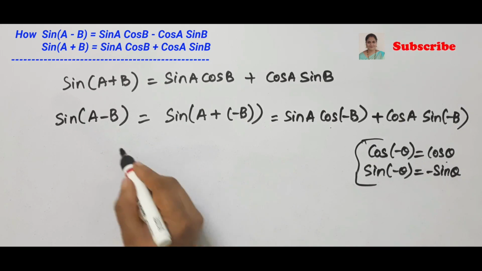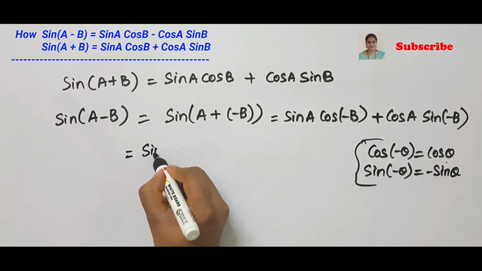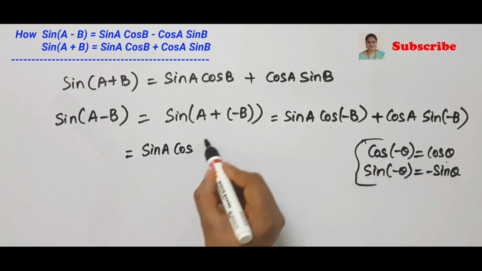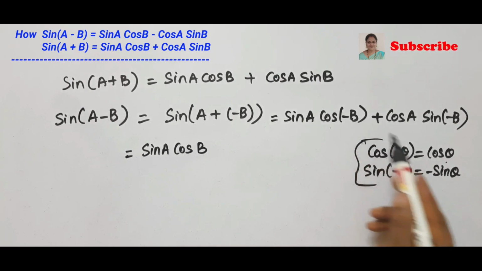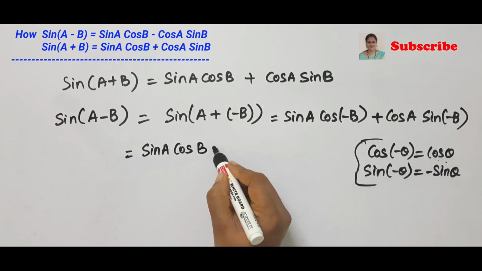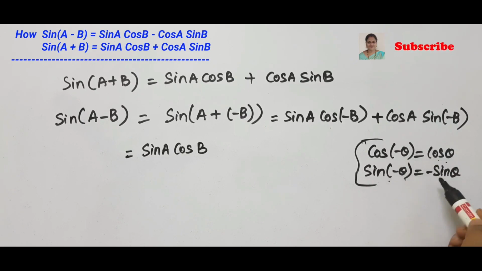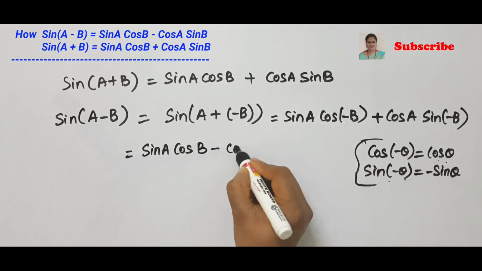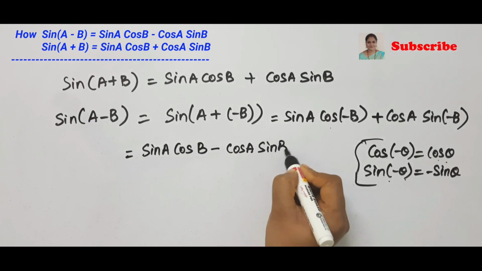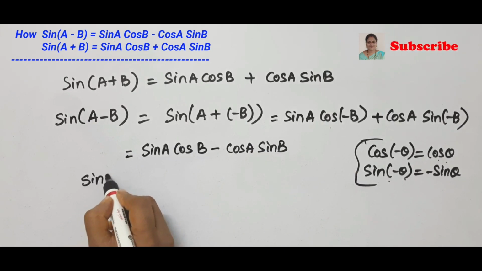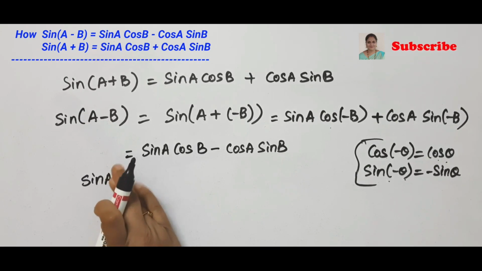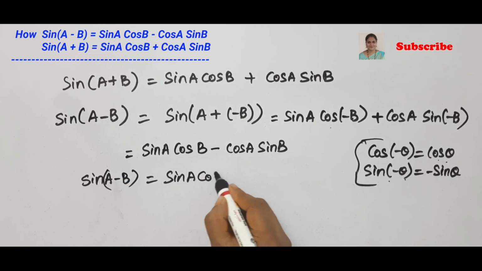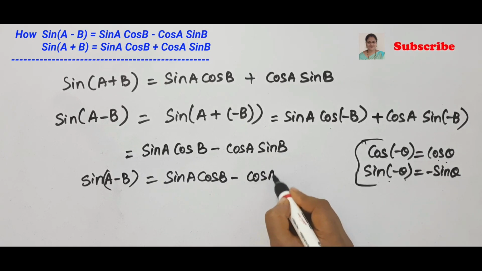So it becomes minus sin B. So this can be written as sin A cos of minus B, which is nothing but cos B. Cos of minus B is cos B, and sin of minus B is minus sin B. So minus into plus becomes minus, so minus cos A sin B. So we got sin of A minus B is equal to sin A cos B minus cos A sin B.